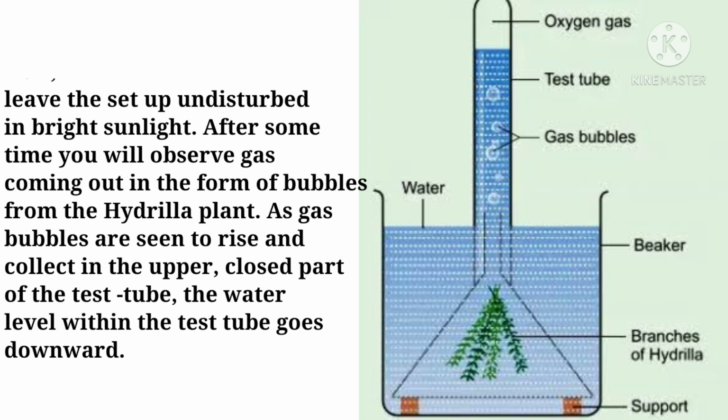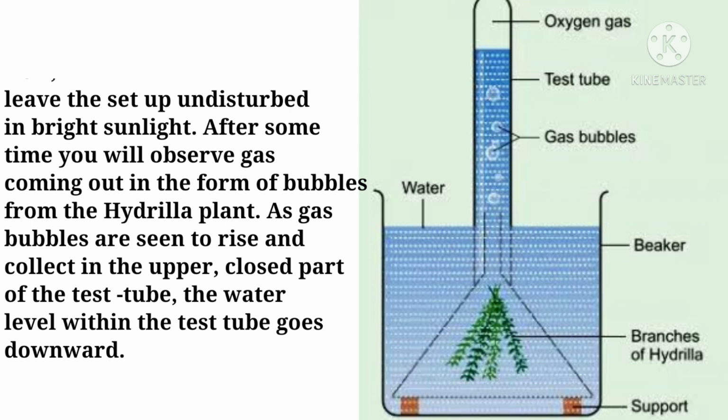So we can understand that the hydrilla plant performs photosynthesis, and due to the photosynthesis process, oxygen gas is produced in the plant, and the gas bubbles which are seen inside the test tube are oxygen gas.